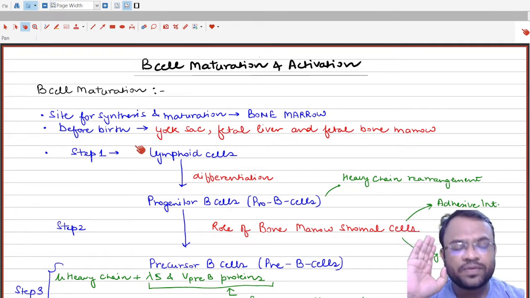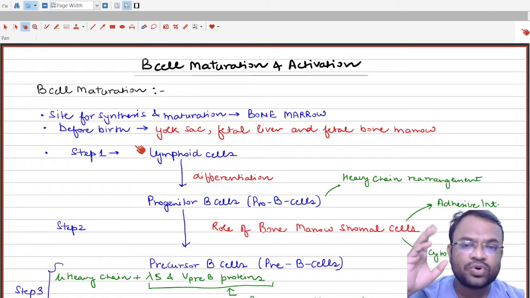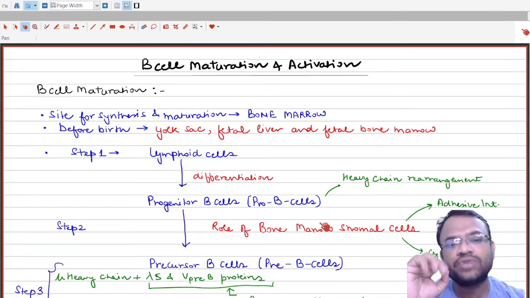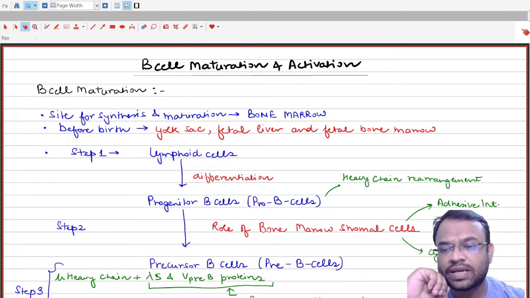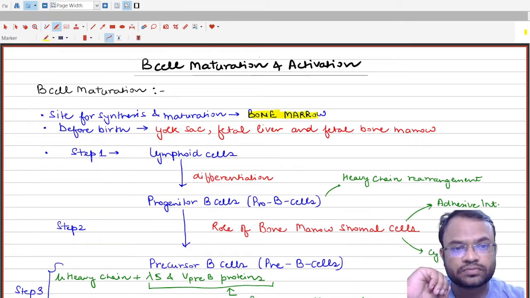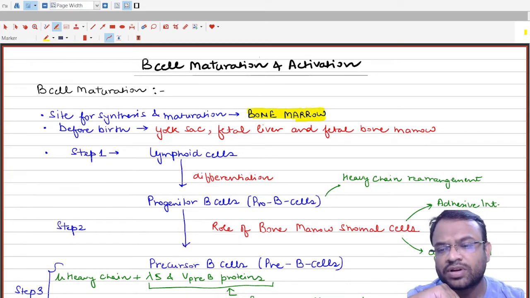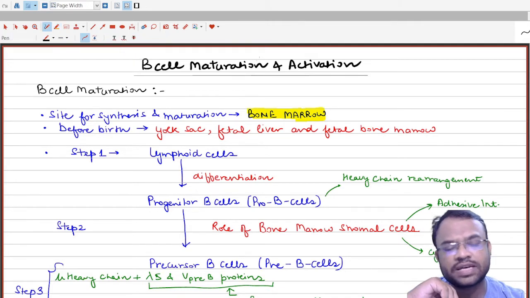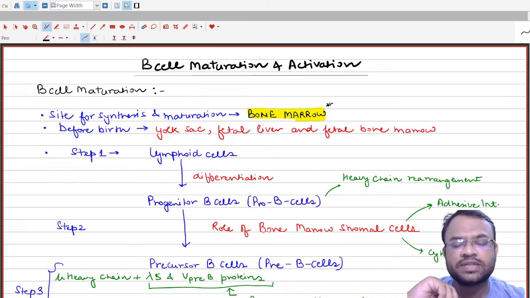Remember, when we are talking about B cell, both synthesis and maturation take place in bone marrow. This is an important concept and has been asked in examinations, so you should at least remember that both synthesis and maturation take place in bone marrow.